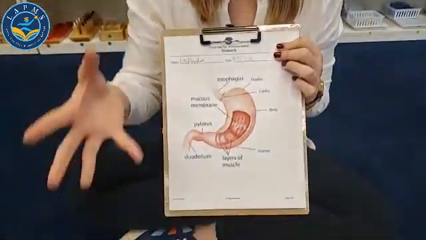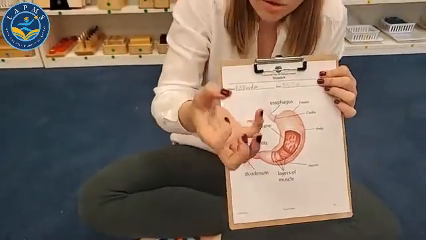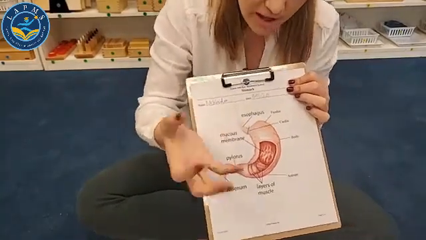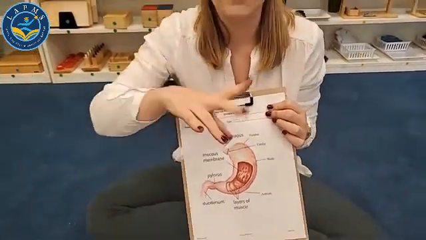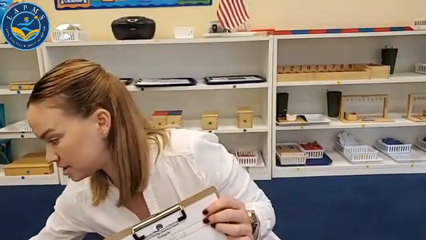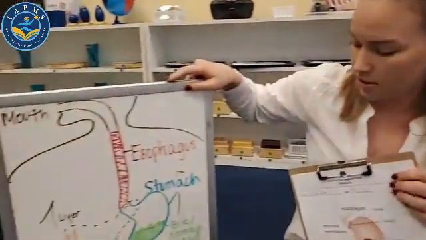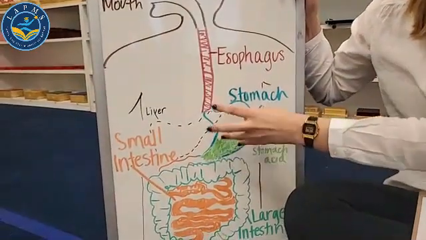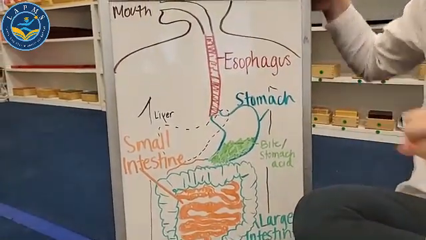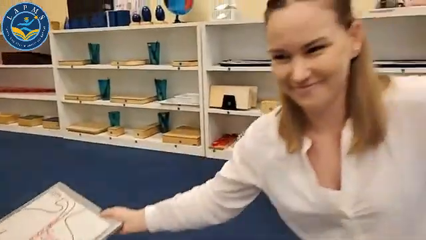And there, the stomach will squish and relax and squish and relax until all the food is mixed up and crushed into smaller pieces. It's going to mix with all that stomach acid, right? That was the green stuff in the stomach over here. It's going to mix with all the stomach acid until it's just a little goo.